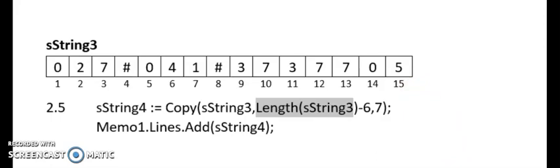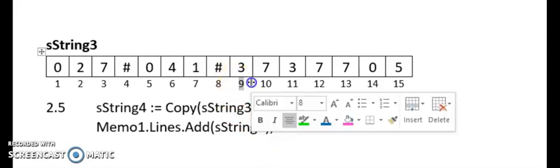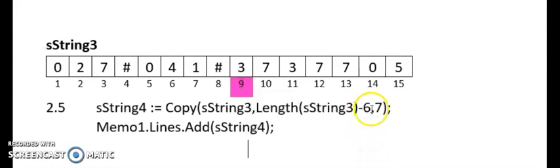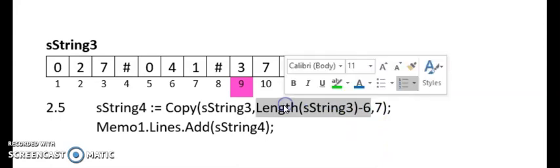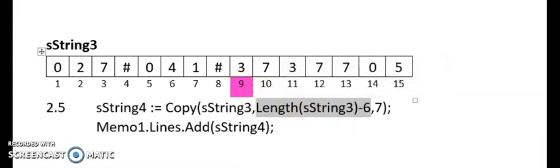15 minus 6 will give me 9. Yes, so effectively this whole thing, after I've simplified it, just says start at position 9. And how many characters? 7 characters. So I must copy 1, 2, 3, 4, 5, 6, 7.